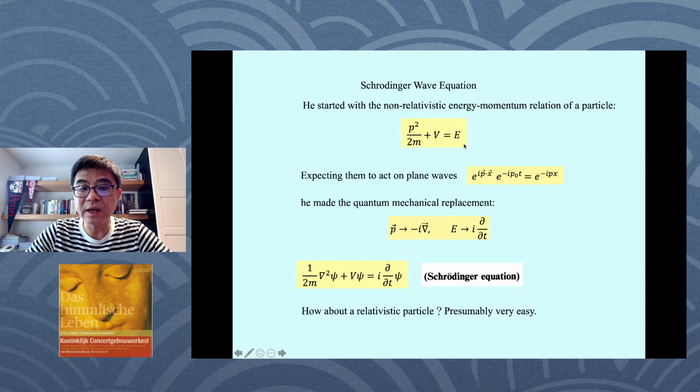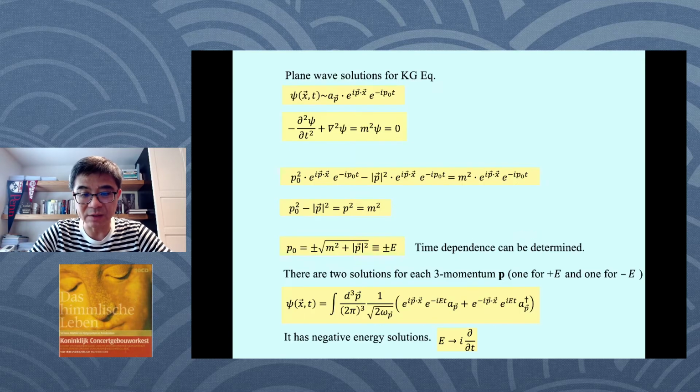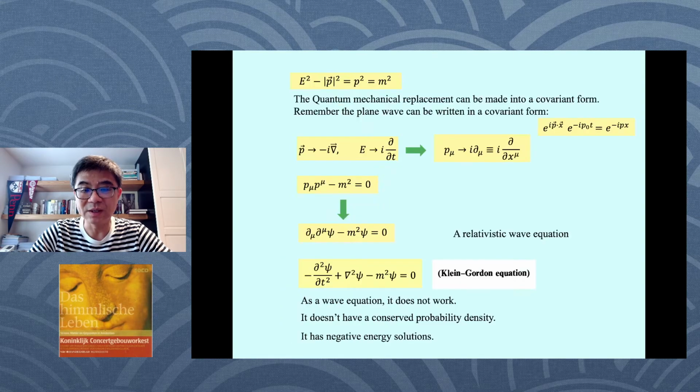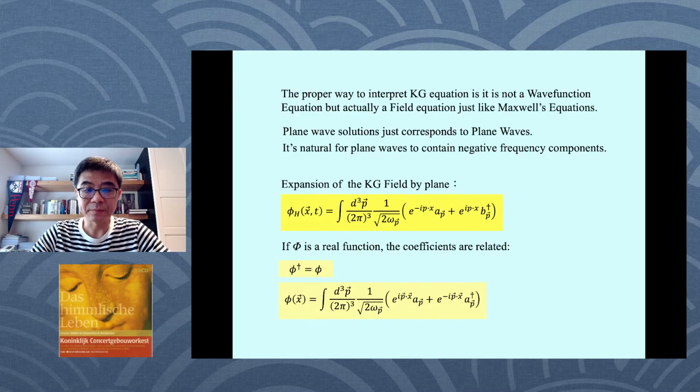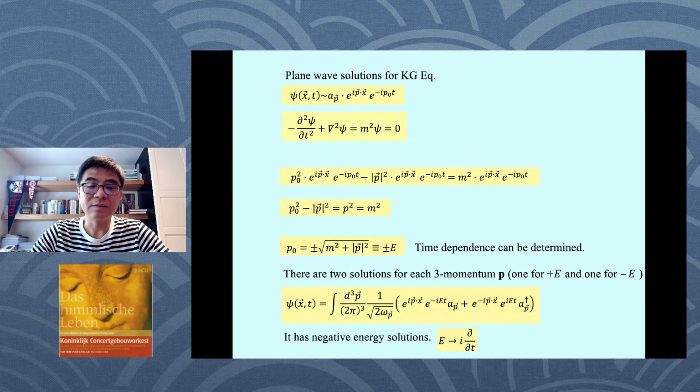And therefore, the energy, the p0, only has one solution, the positive solution. Okay, so there's no problem with the Schrödinger equation. However, there is a negative energy problem with the now called Klein-Gordon equation. That's why Schrödinger abandoned his original intention to write down a relativistic quantum mechanics wave equation and only reached the non-relativistic quantum mechanics wave equation.